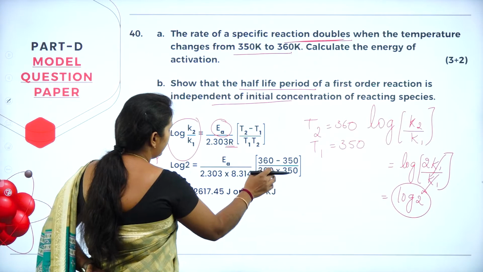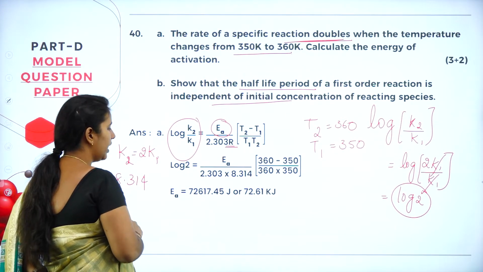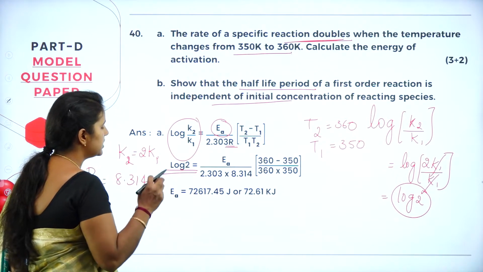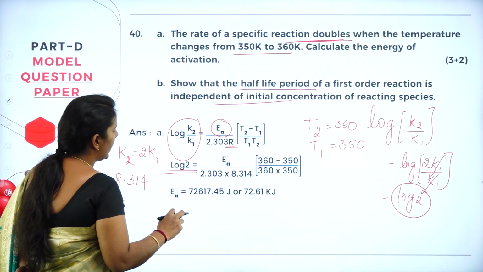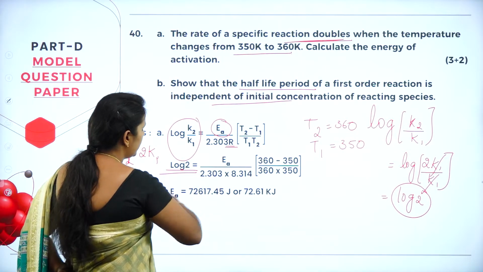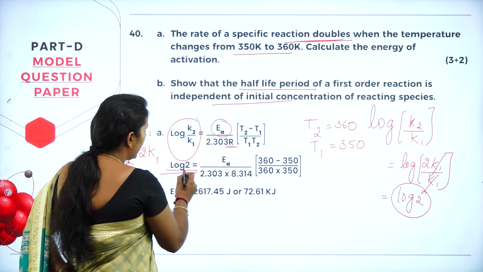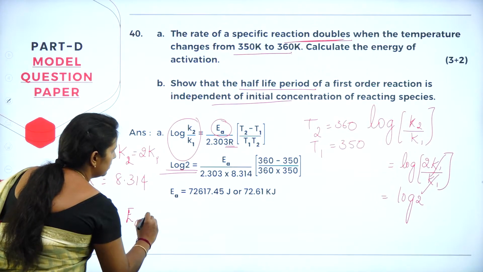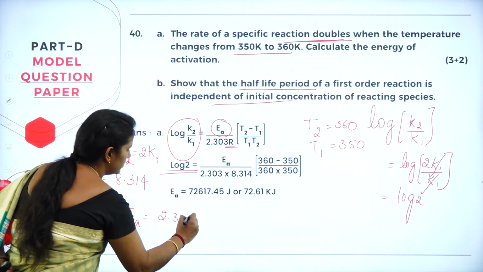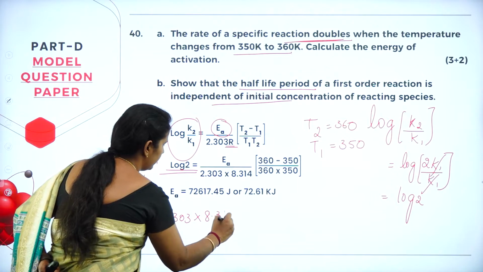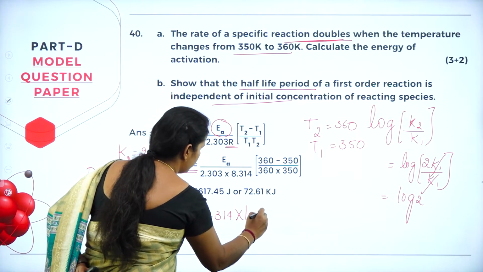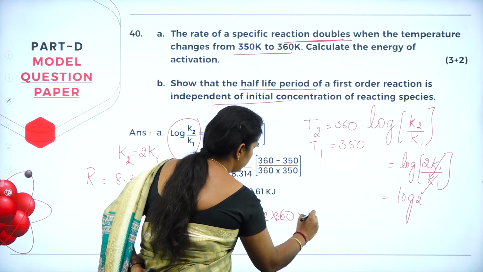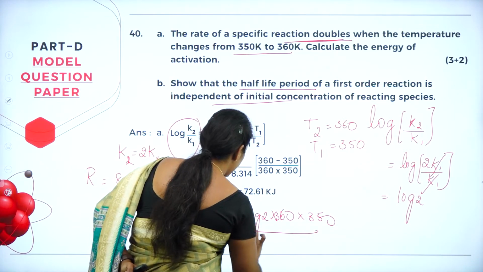Hope you know how to calculate log 2, it is 0.3010. So if you take the EA value outside, the log value will come this side. EA is equal to 2.303 into 8.314 into log 2 value into 360 into 350 divided by 10.